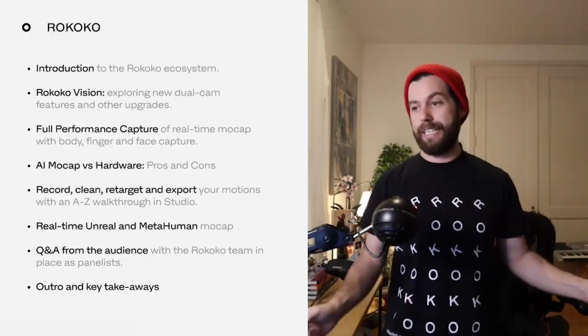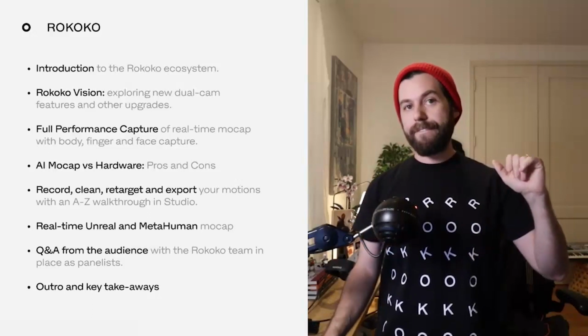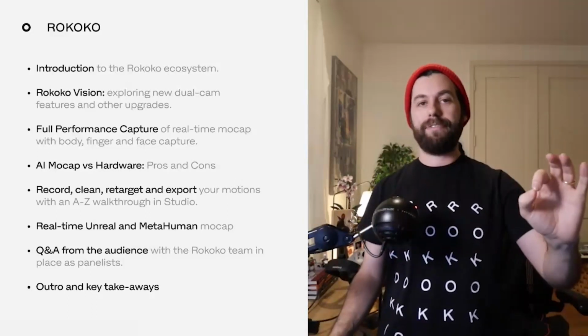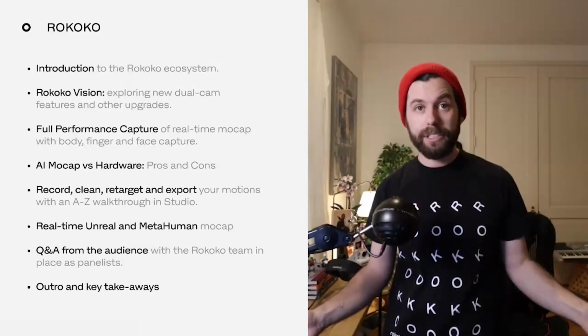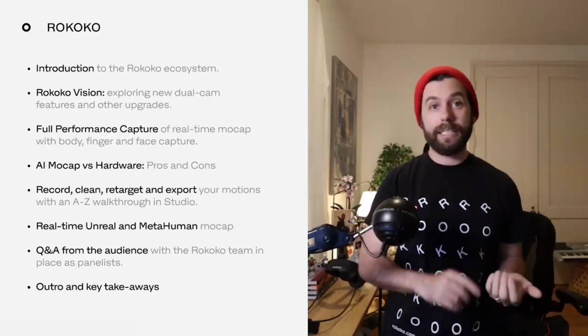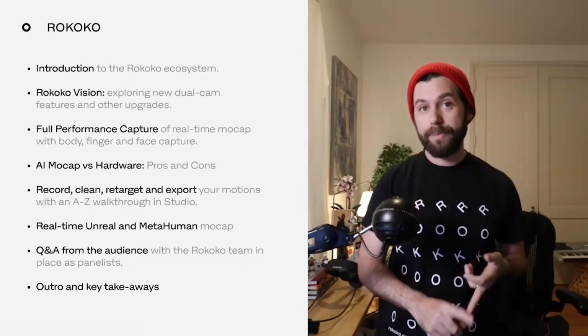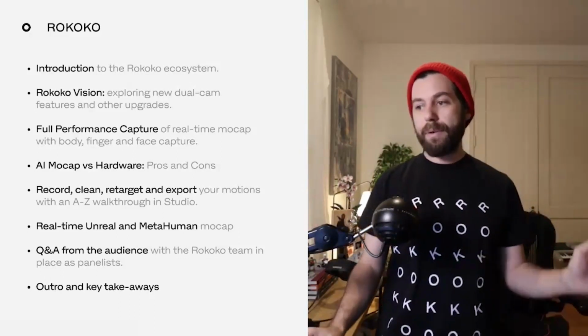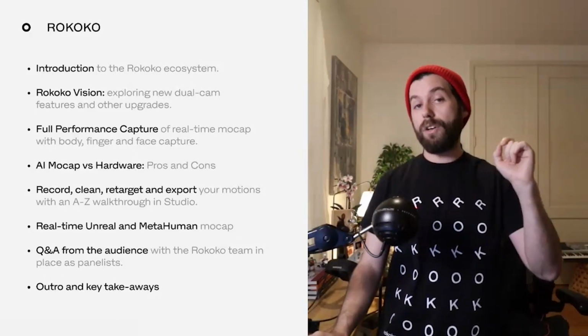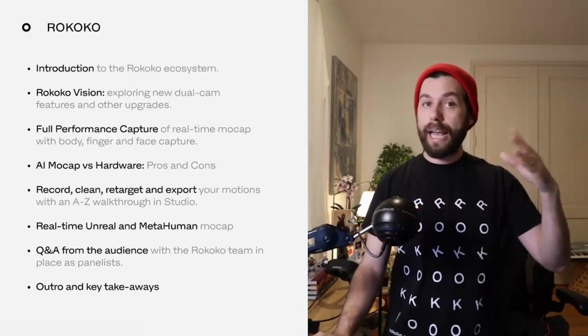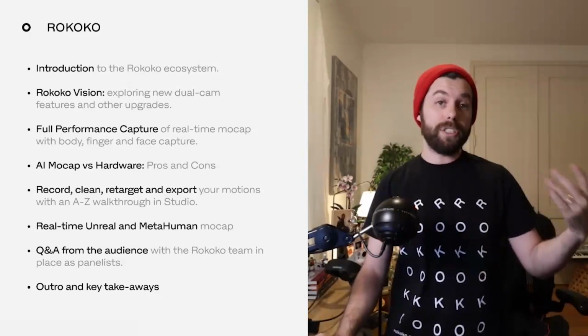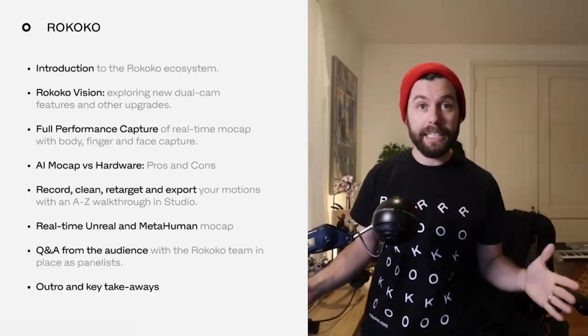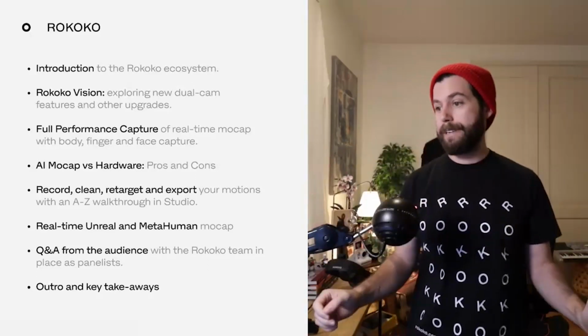So what are we going to be covering here today? We're going to start off with a very brief introduction to the Rokoko ecosystem. That's our hardware, our software, our AI mocap. So we're going to talk about basically what we offer. Then we're going to dive a little bit deeper into Rokoko Vision and a new two-camera workflow that uses your iPhone, which is really nice because you don't need to go out and get webcams.